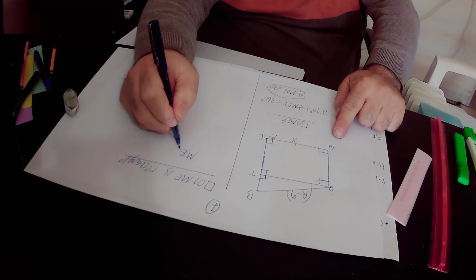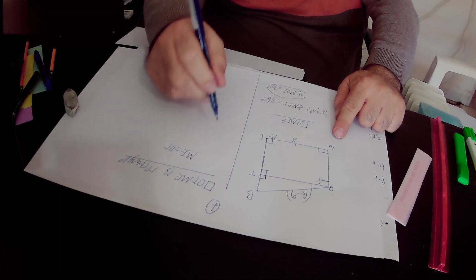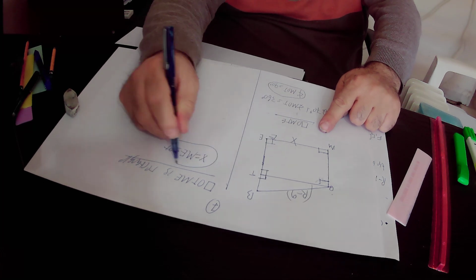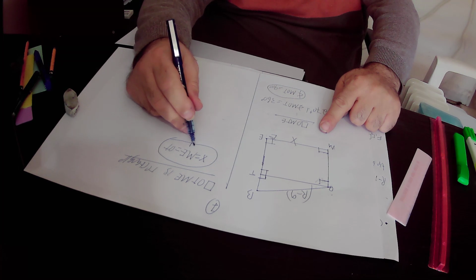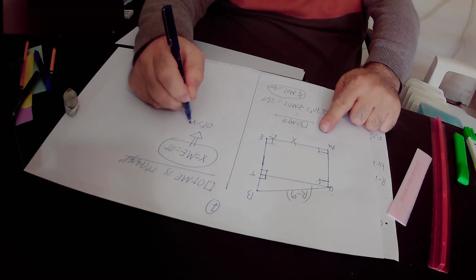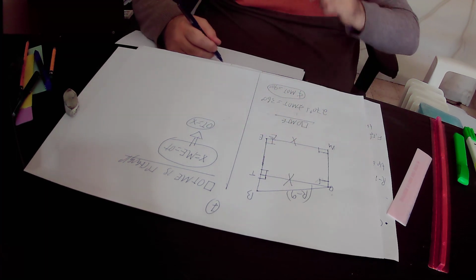But ME equals X according to our definition. So from this equation, X equals ME equals OT, we derive that OT is also equal to X. So we found out that OT equals X.